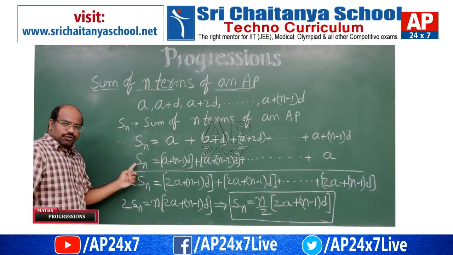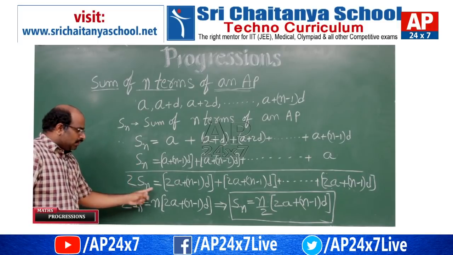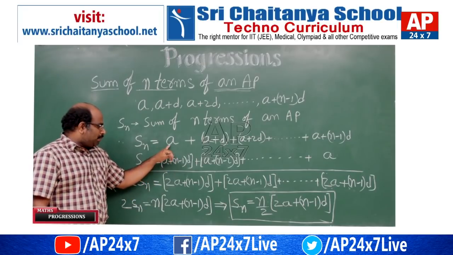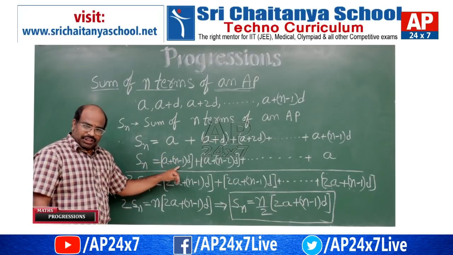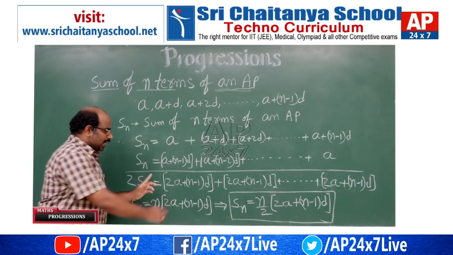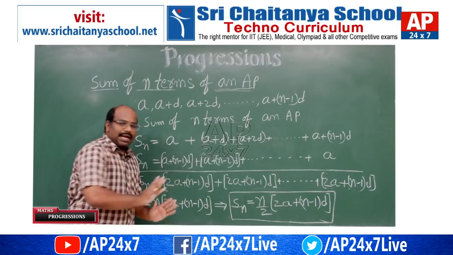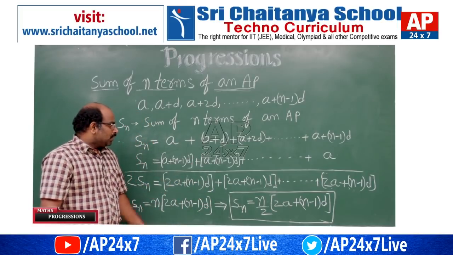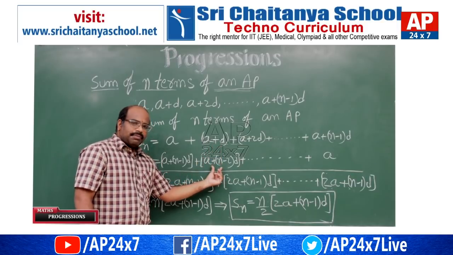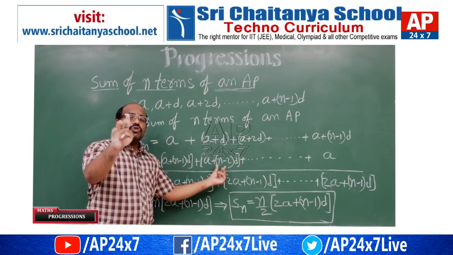Sn plus Sn, 2 times, means it is 2Sn, which is equal to, here add term wise, a plus n minus 1 into d, a plus a, 2a plus n minus 1 into d. Keep this entire value in a square bracket for our convenience. Now, see here the second term is a plus d, here the second term is a plus n minus 2 into d.